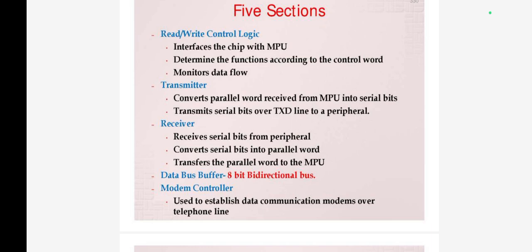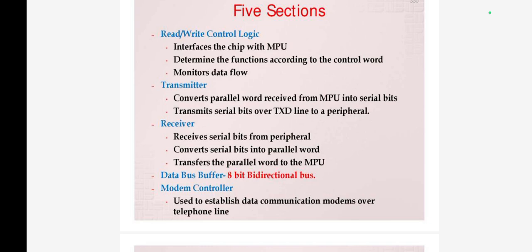And next one is the transmitter. It converts the parallel word received from the microprocessor into serial bits. Also, it transmits the serial bits over the transmit data line to a peripheral. The next section is the receiver. It receives serial bits from the peripheral.